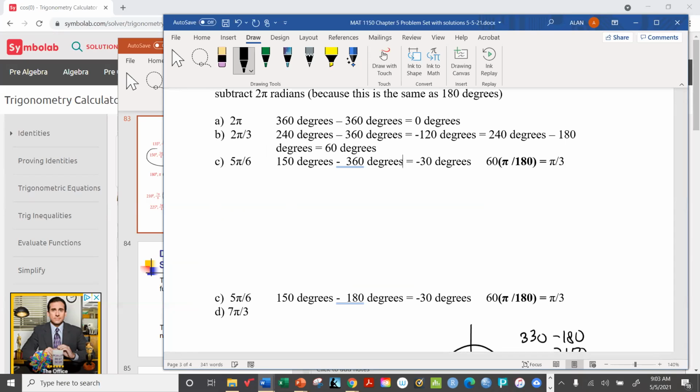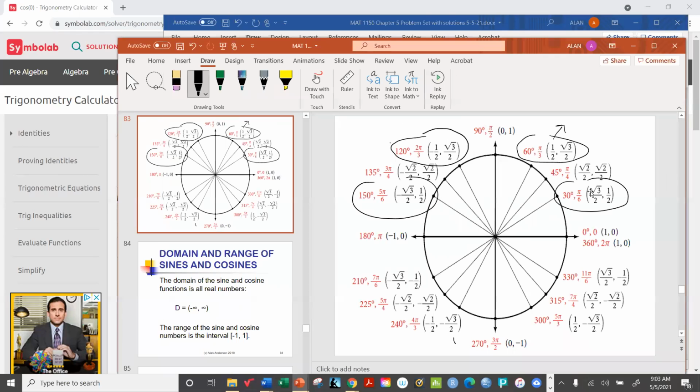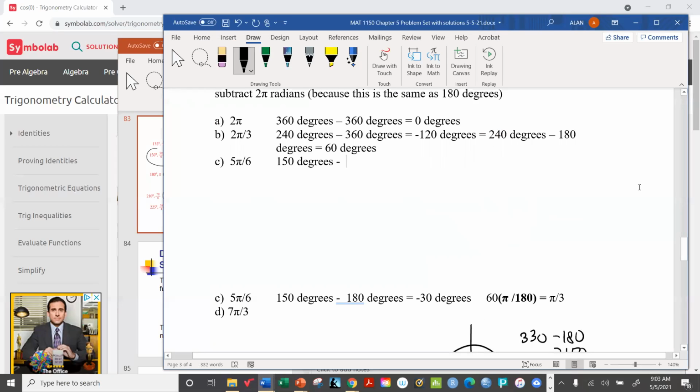We get minus 210. And minus 210 is equivalent to, oh, see, that just brings us right back to 150. But if we subtract 90, we get 120 degrees. I don't know what the problem is.